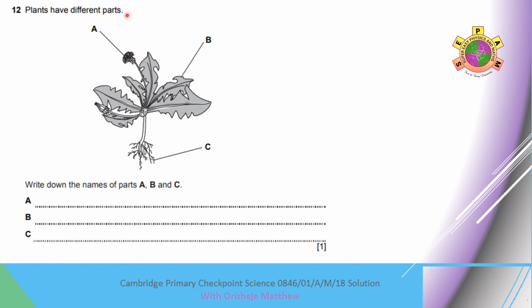Plants have different parts, so let's label them. We have A the flower or petal, then B is the leaves, then C is the root.